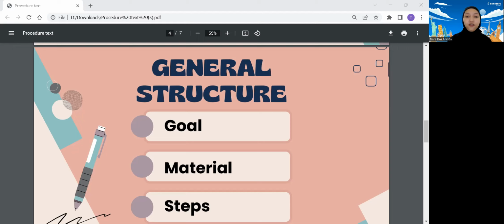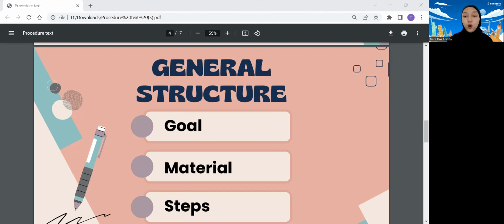Material consists of ingredients that are used in making something, but not all procedure texts include materials. Sometimes a procedure text does not have a material section. The third part is steps or methods. This part contains the steps or sequences that must be done so that the objectives outlined in the aim or goal can be achieved. The steps must be sequenced from the first to the last.